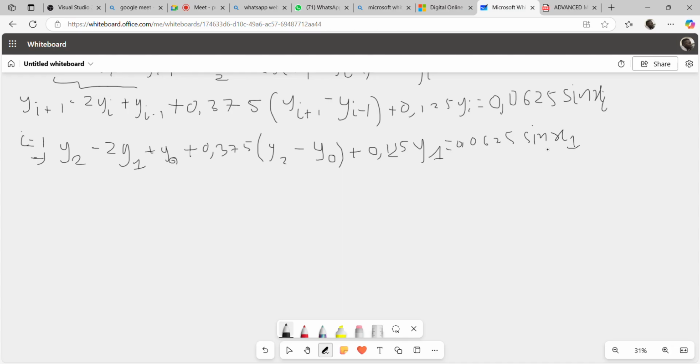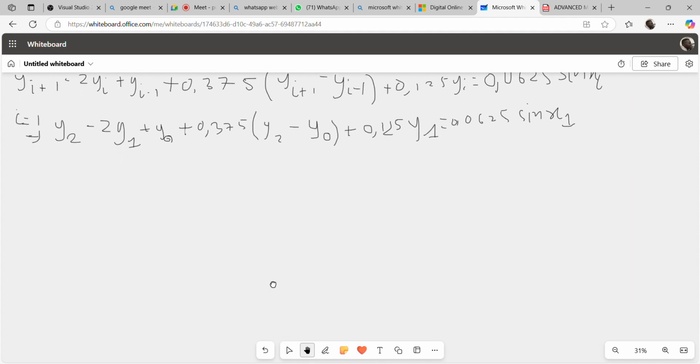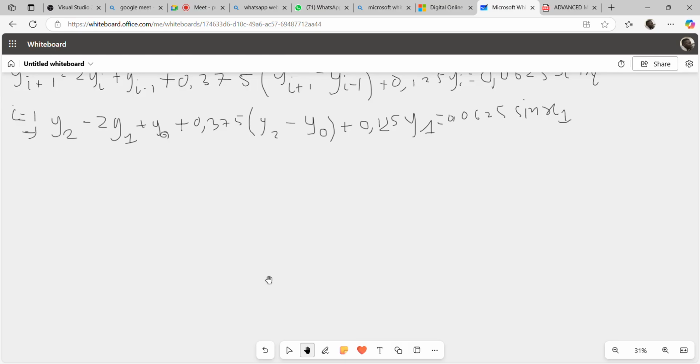So for that, we're going to solve this problem using the calculator in radian mode. When you get the chance to ask the lecturer, please confirm if it should be radian or degree.